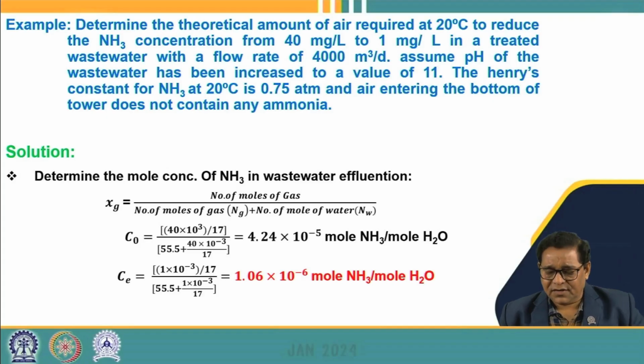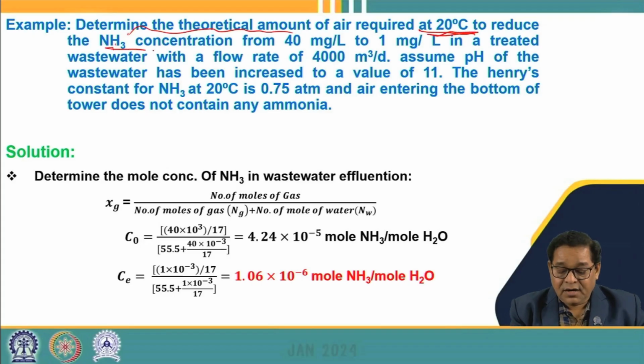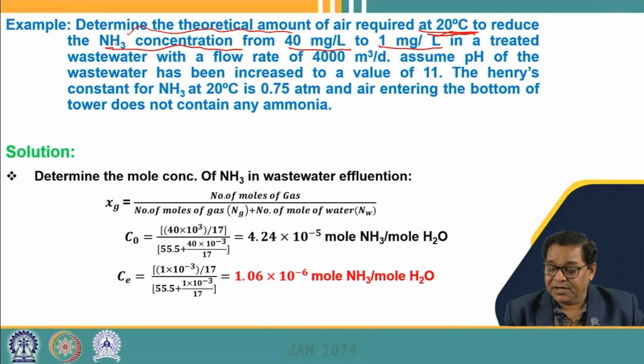Now let us see certain numericals based on these concepts. Let us see the first numerical. Determine the theoretical amount of air required at a temperature of 20 degrees centigrade to reduce the ammonia concentration from 40 milligram per liter to 1 milligram per liter in treated wastewater having a flow rate of 4000 meter cube per day.